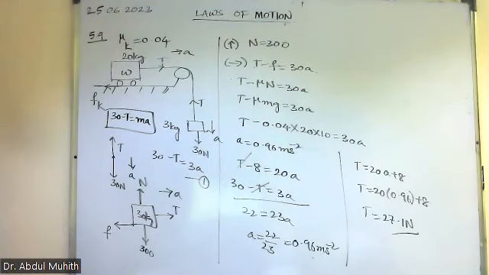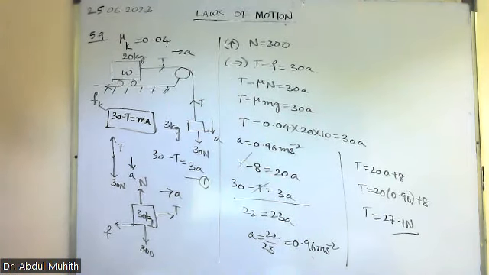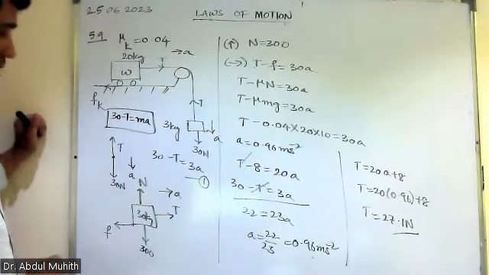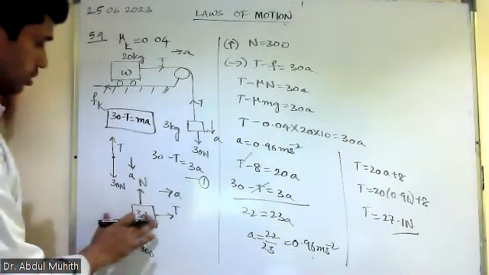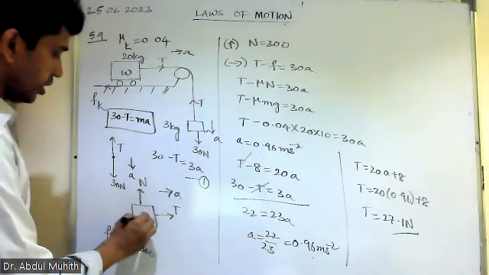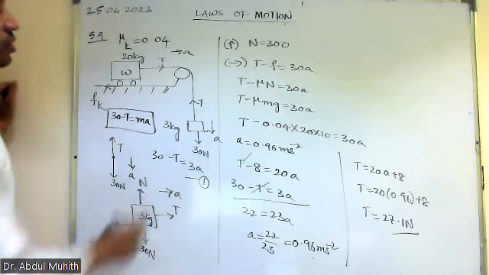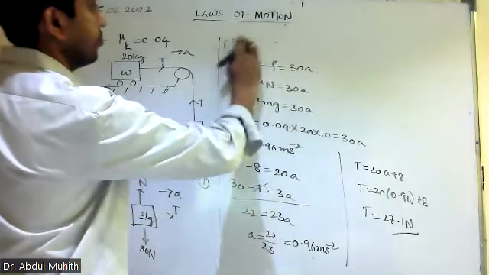Sir, I have a doubt. How do we get 30 kg for the second diagram, the body? No, sorry, 3 kg that is. Sorry, one second, I made a mistake. This is 3 kg, right? This will become 30 newtons.